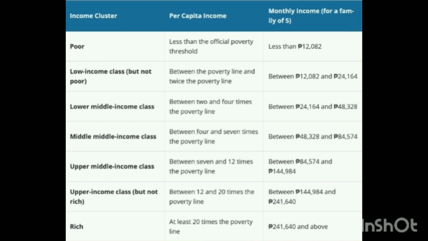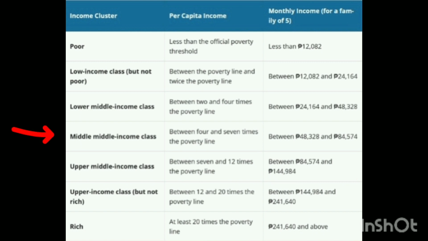Next, we have the upper income class but not rich, between 12 and 20 times the poverty line, between 144k and 241k. Next after that is the upper middle income class, between 7 and 12 times the poverty line, between 84k and 144k.